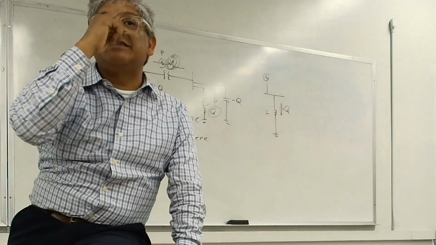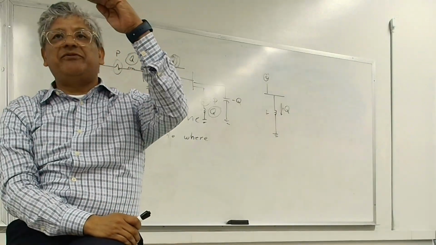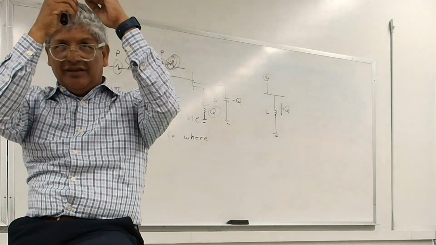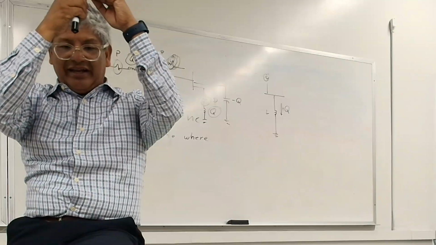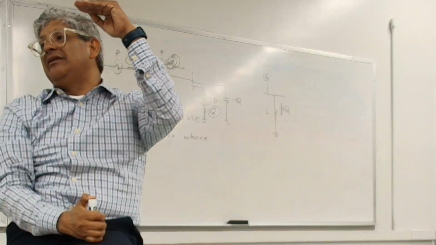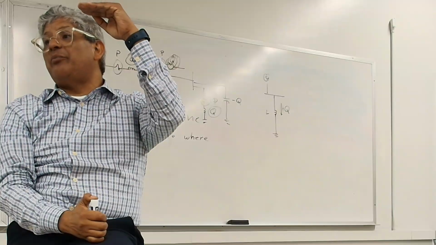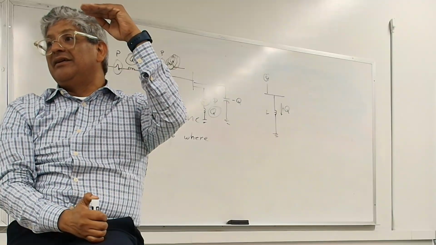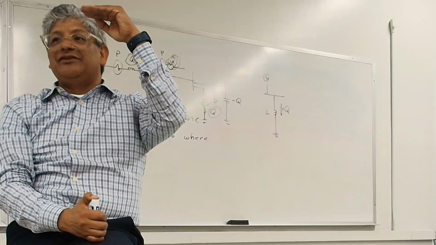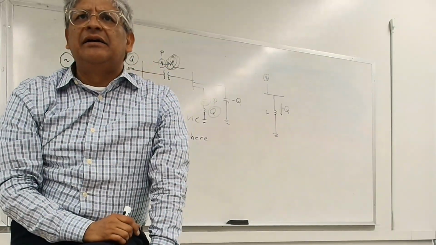When I take the snapshot, I'm not moving time. The snapshot is when the total amount of vars was flowing into that inductor. What's the capacitor doing? Taking the opposite. Completely the opposite.